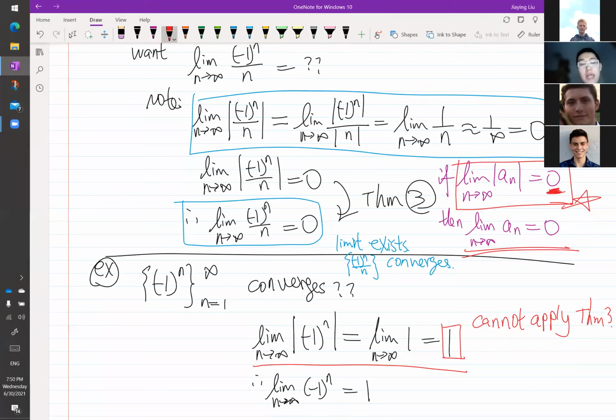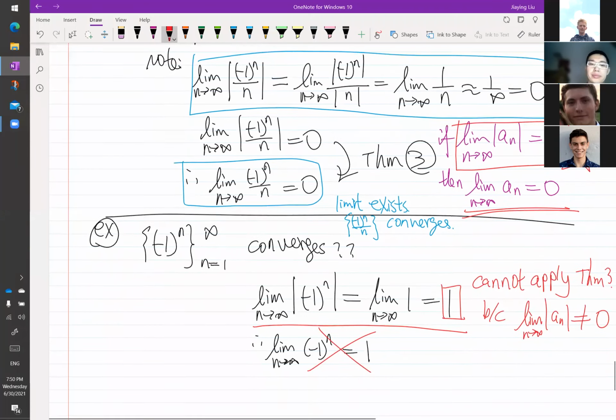But here, the limit of the absolute value of a_n is not 0. So we cannot apply theorem 3 because the limit of the absolute value of a_n is not equal to 0. It has to be 0 in order to draw the conclusion. So no, we cannot use it to make the conclusion.